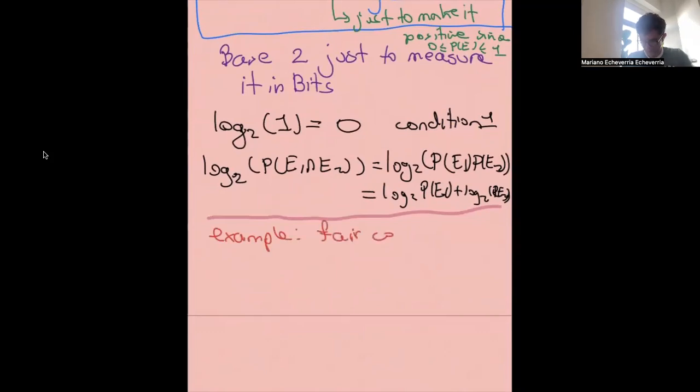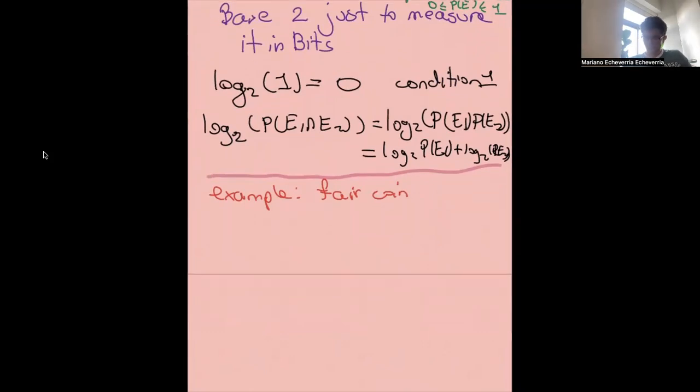And you could ask for E to be getting two heads, if you have a fair coin which you throw twice.